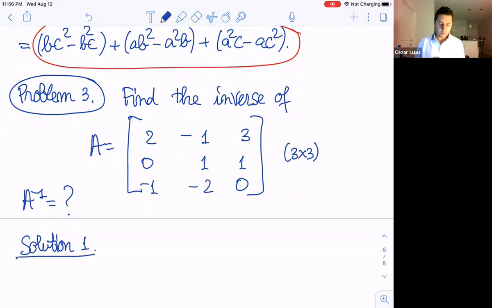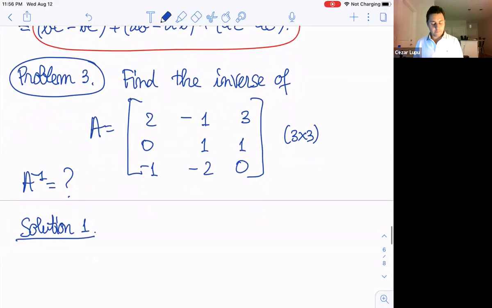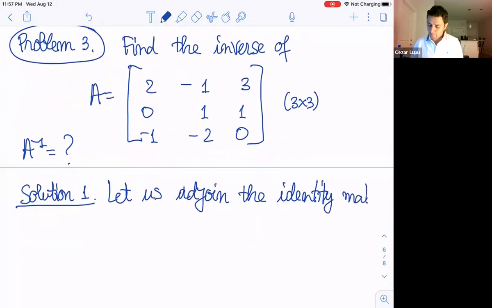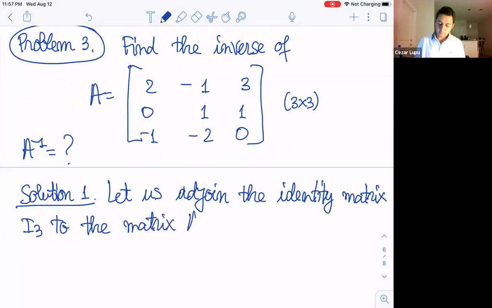Solution 1. So what I'm going to do, again, I'm going to perform elementary operations on matrix A, to which I will adjoin the identity matrix. Let's call this I3, so that you will know that it's a 3 by 3, to the matrix A. And guess what?